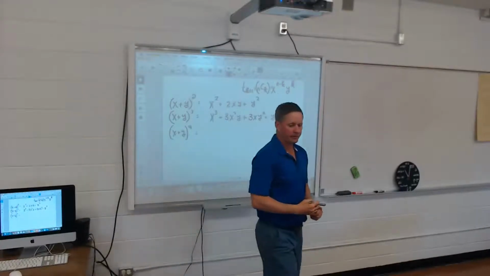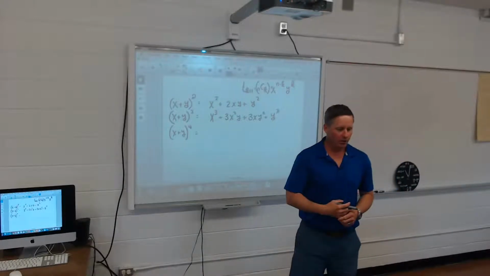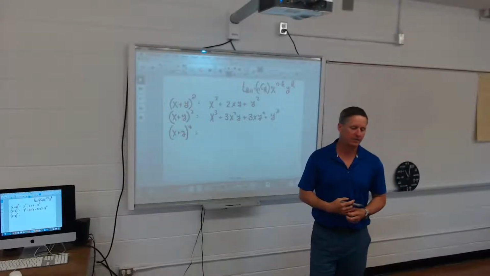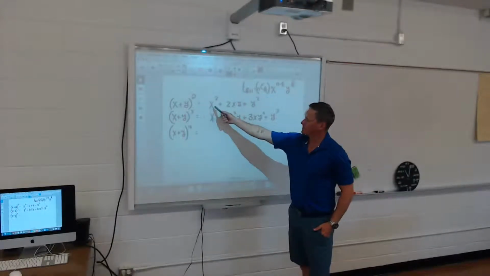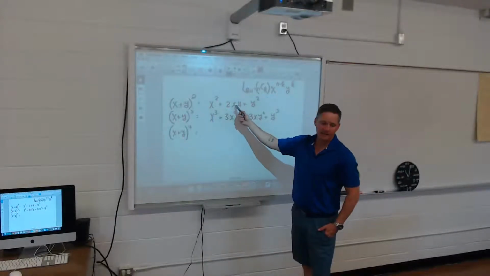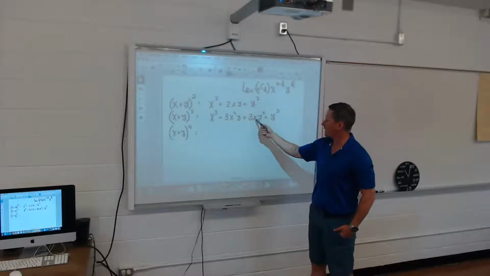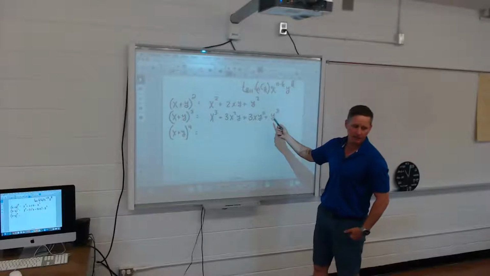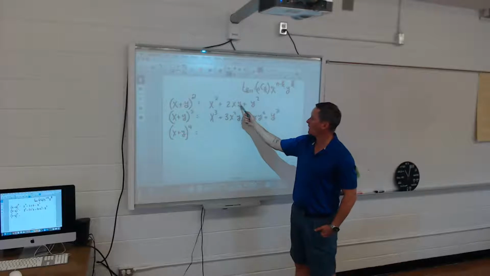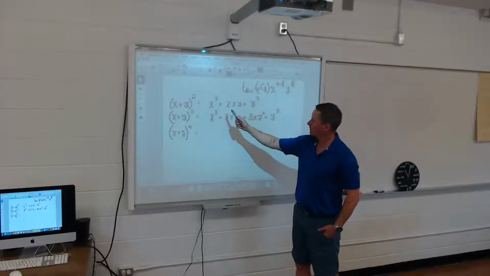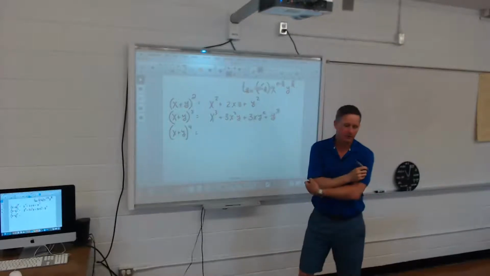Now, with your focus being on the x, notice what happens to the x exponent as we go from term to term. I started with x cubed, then x squared, then x, then x to the 0. And the y started y to the 0, y to the 1, y squared, y cubed.